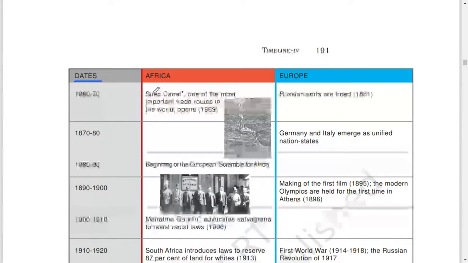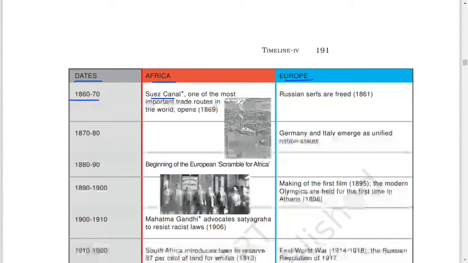Dates: Africa, Europe. 1860 to 70, Suez Canal, one of the most important trade routes in the world, opens, 1869.